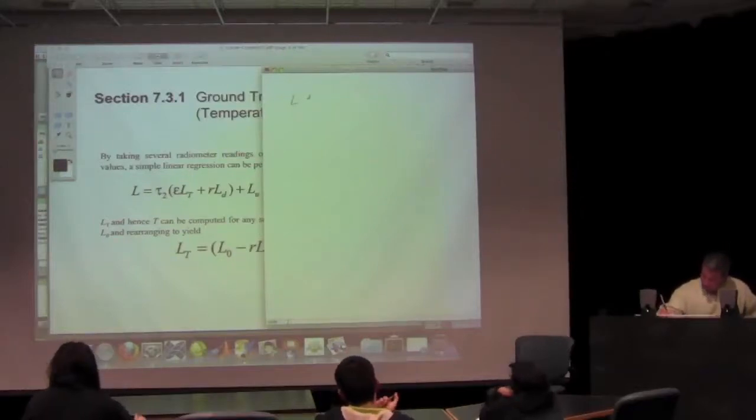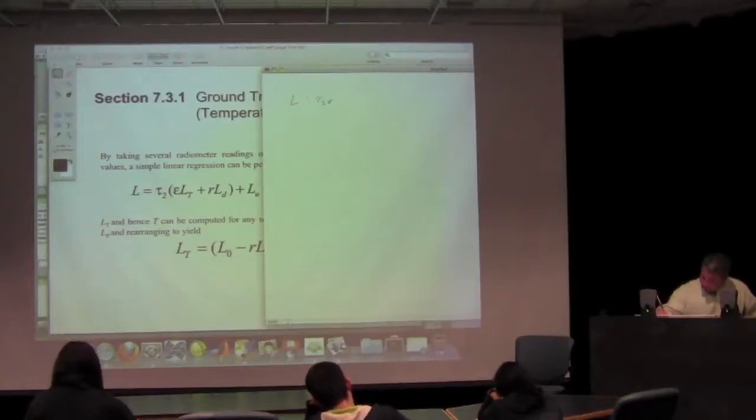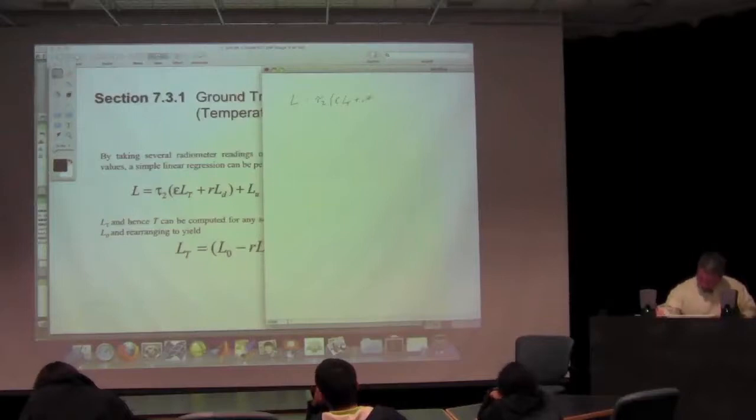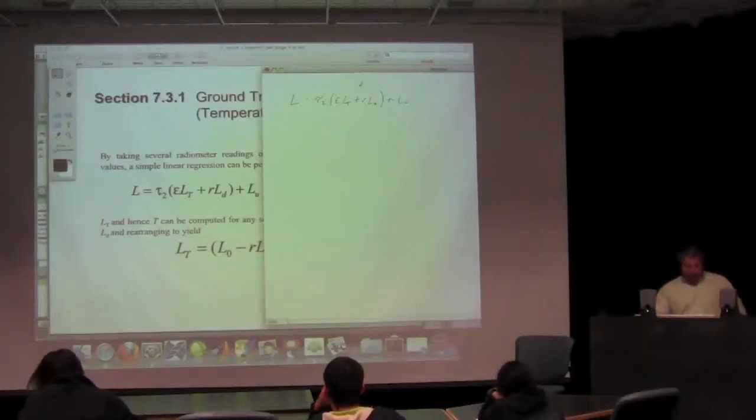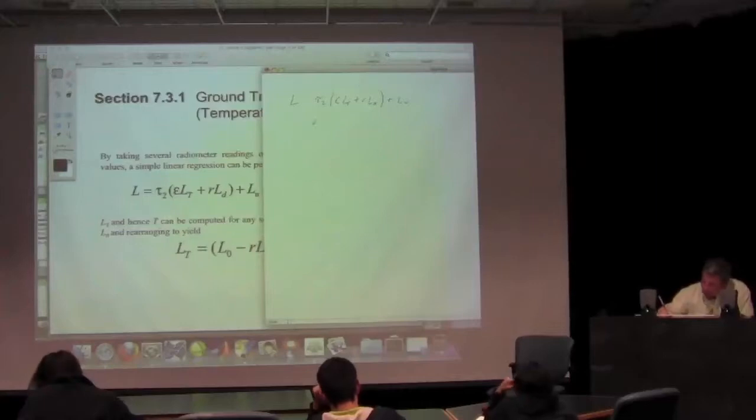If we have L equals tau 2 times epsilon LT plus the reflectance of that surface, or 1 minus epsilon if it's a solid surface, times the downwelling radiance plus the upwell path term. So if you expand everything out here, like it was in the previous slide, essentially you have tau 2 epsilon LT plus tau 2 R LD.